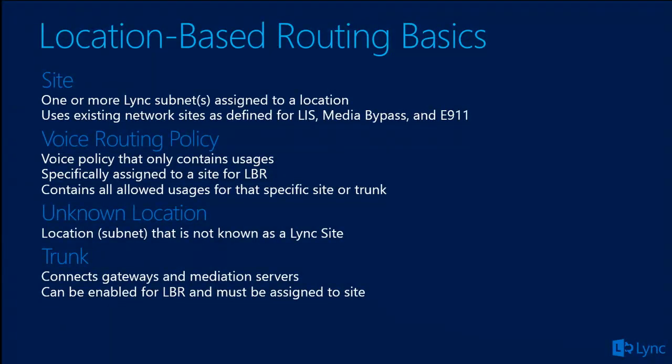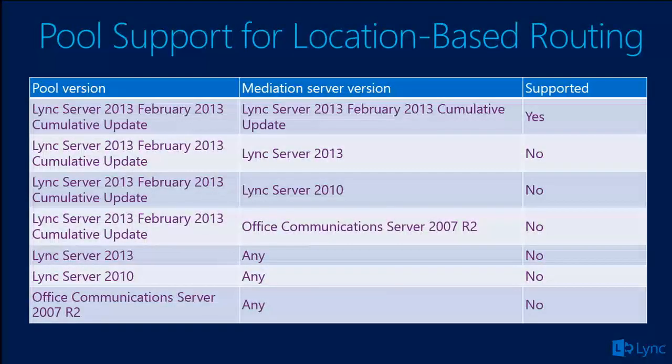And the trunk, which connects gateways and mediation servers, can be enabled for location-based routing. So these are the supported versions for location-based routing. You see at the top, it was introduced in February last year.